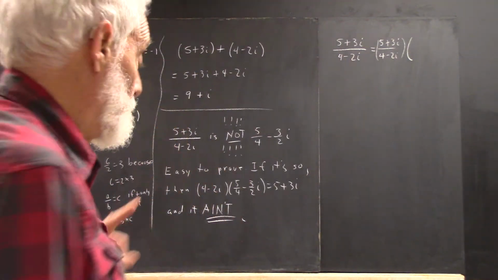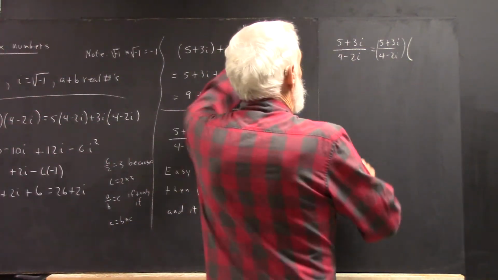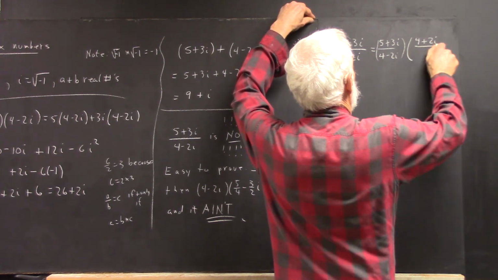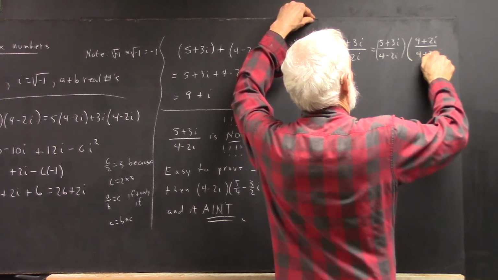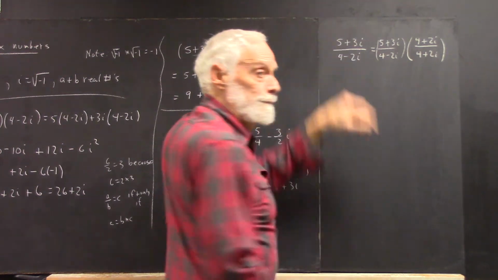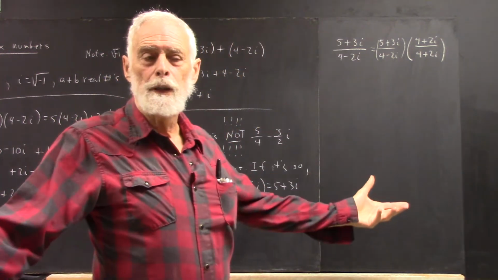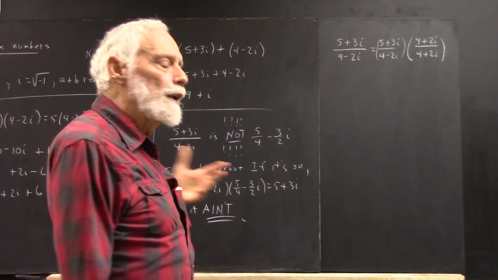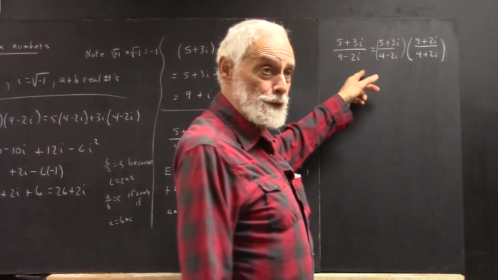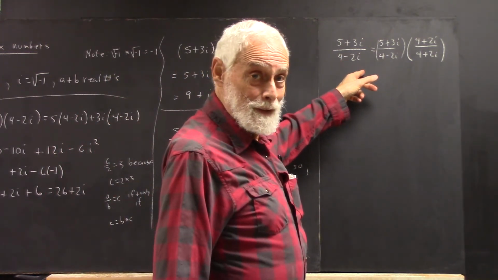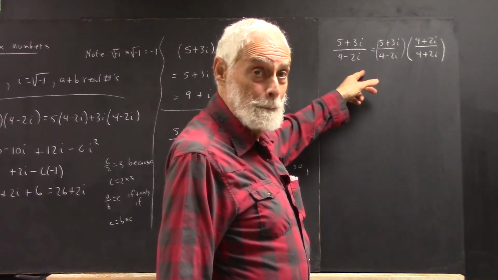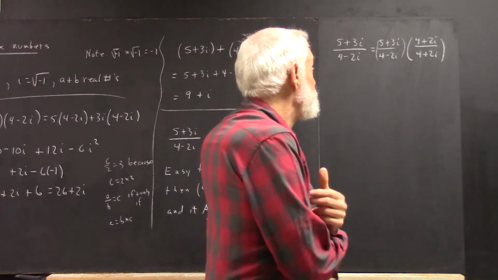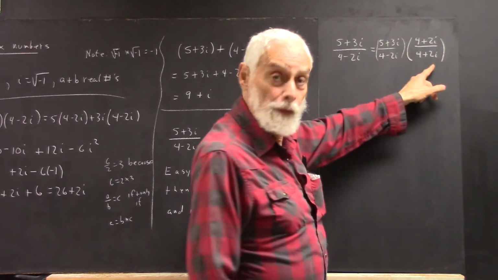But the 1 that we're going to multiply it by is 4 plus 2i over 4 plus 2i. Now, how did I get 4 plus 2i? I took what's called the complex conjugate of 4 minus 2i. We changed the sign of the i term, okay? So you see how this is related to this, right?